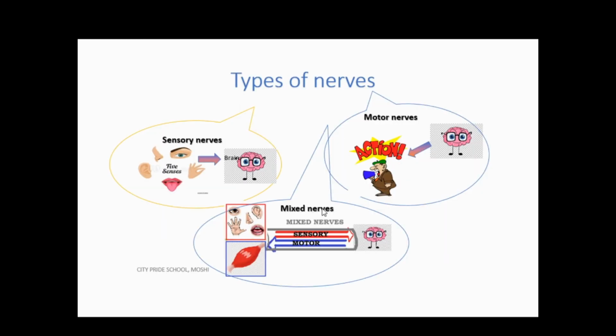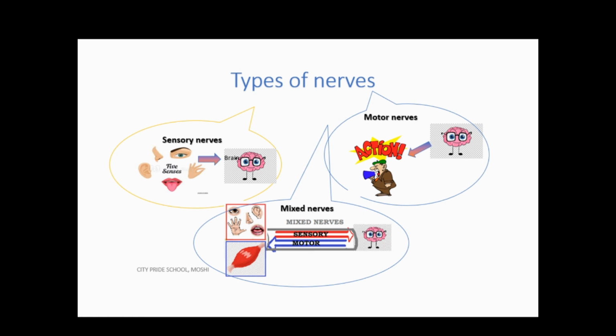Now recollect that a nerve can transmit the message only in one direction. Therefore, we have basically two types of nerves depending on the direction in which they are aligned and the message is transmitted. Let us consider the sensory nerves.